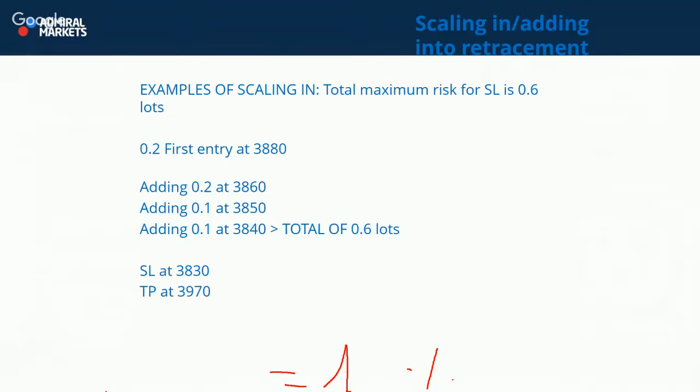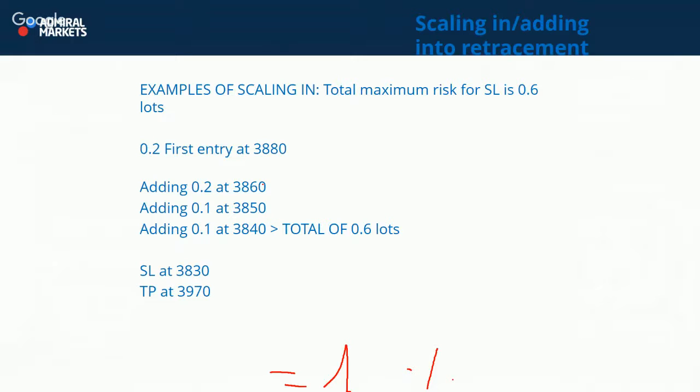So for the first entry, instead of taking the full 0.6 lot size, we will divide our entries. The first entry is at 38.80. We are adding 0.2 at 38.60. Then we are adding another 0.1 at 38.50.